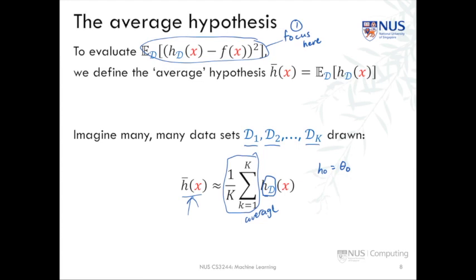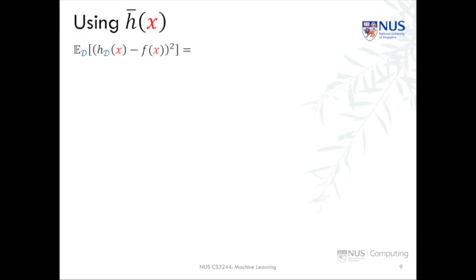This is also the case for H1, where you have different lines with different slopes, and averaging all of them together still yields a line parameterized by theta 1 and theta 0. So let's see how using H bar will help us with our analysis of bias variance.